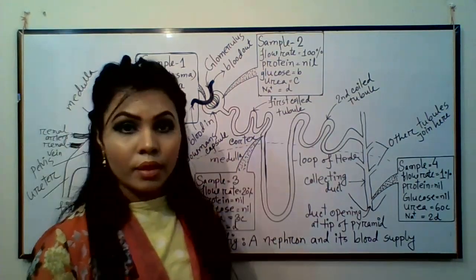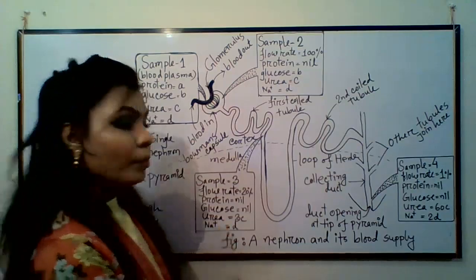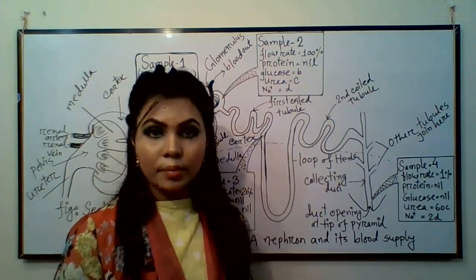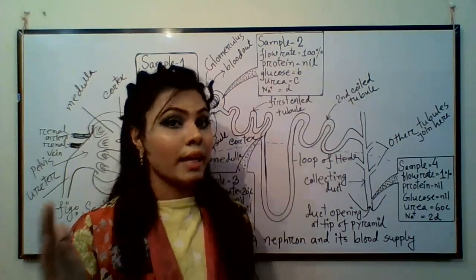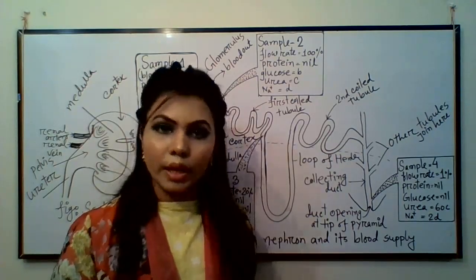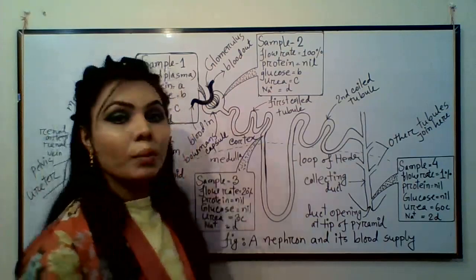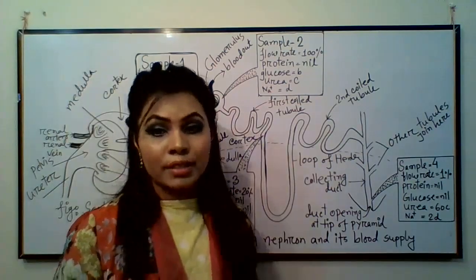It means if it is urea, the urea is now 3 times more concentrated than it was at C. Okay, so in this way we will try to make these things understood.